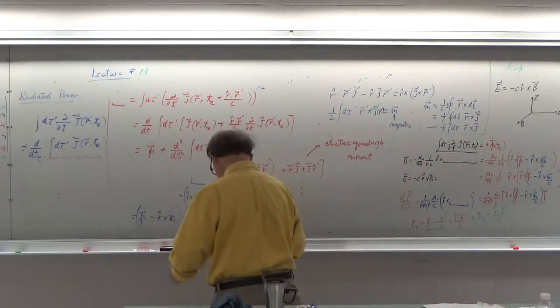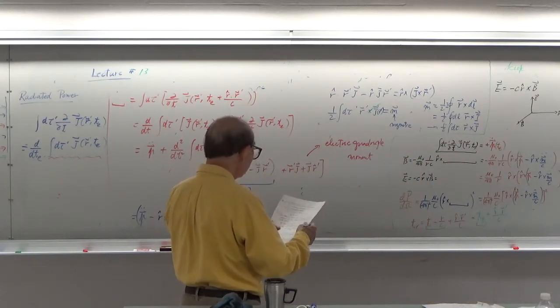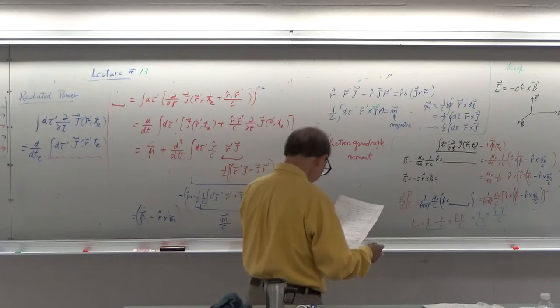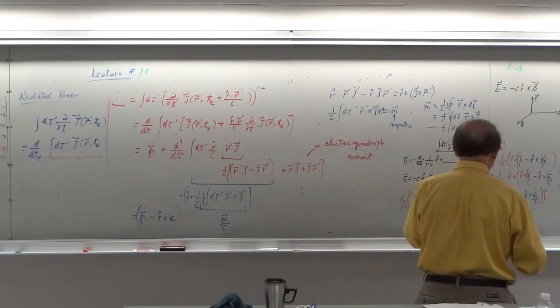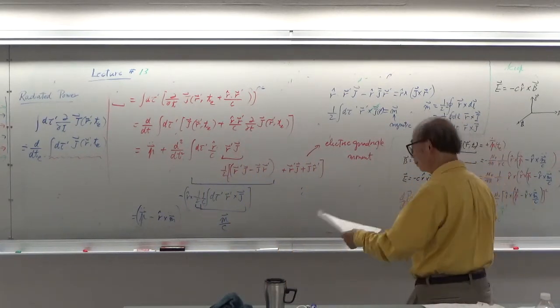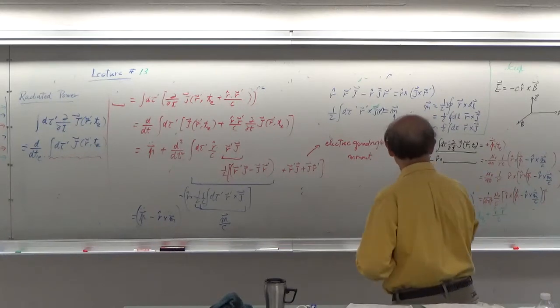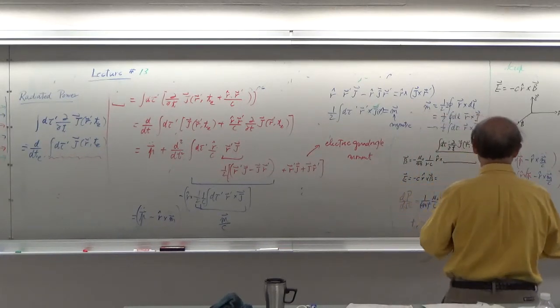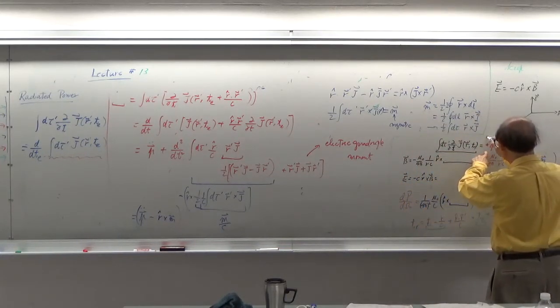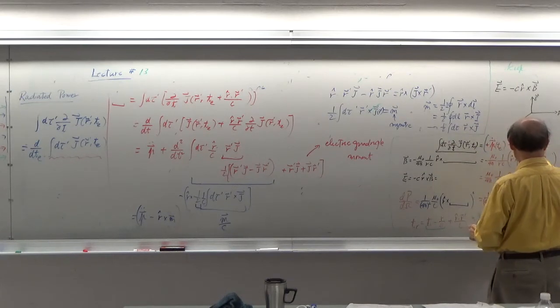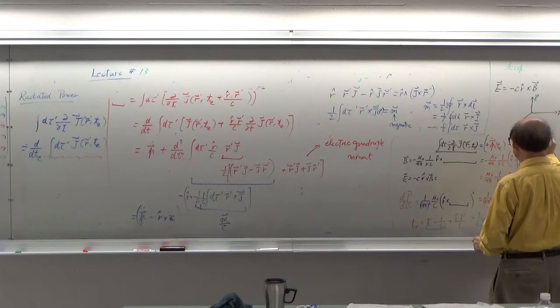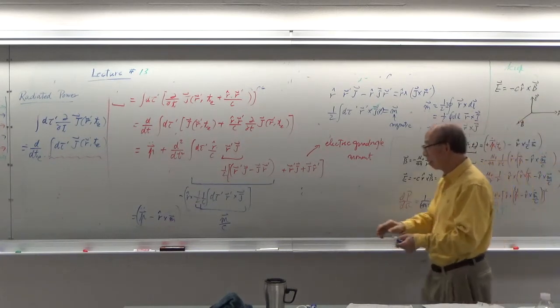Any more mistakes? Okay, correct? All right. So here this is minus r hat cross 1 over c M dot. All right.